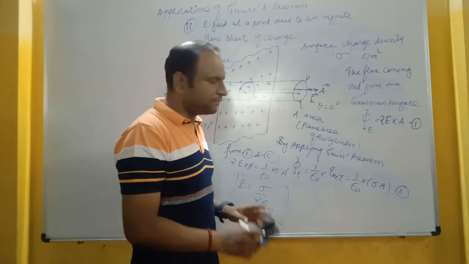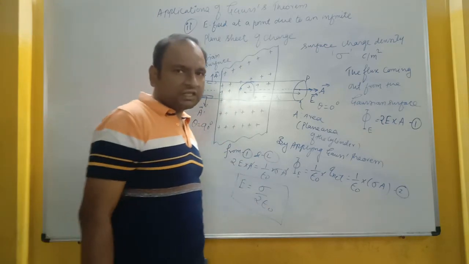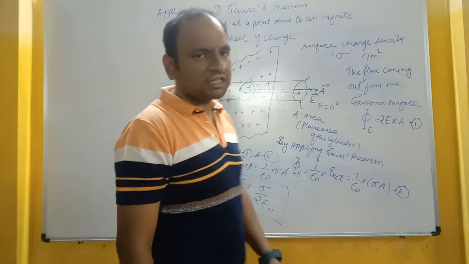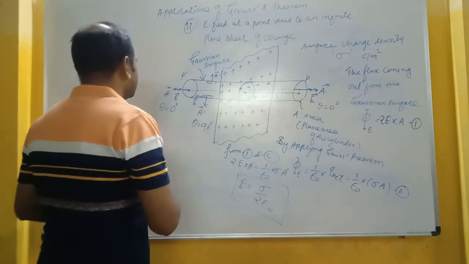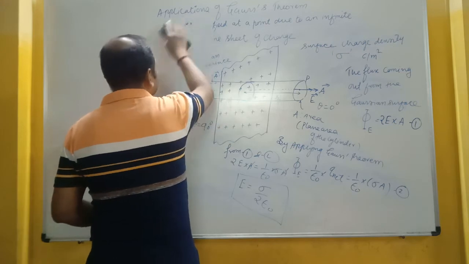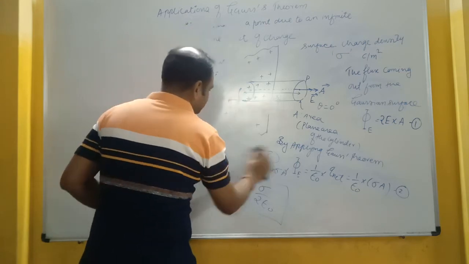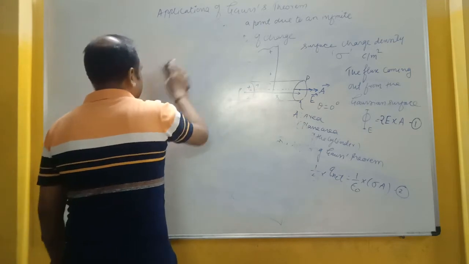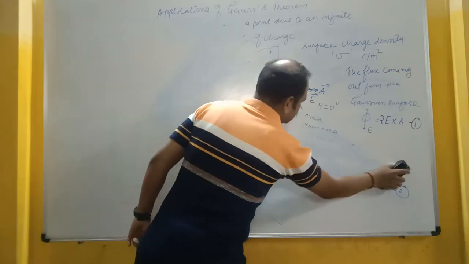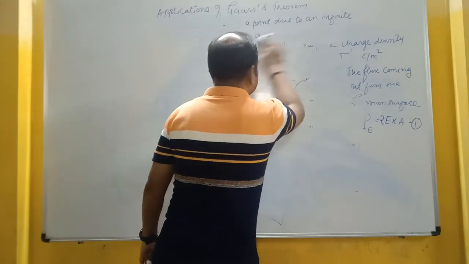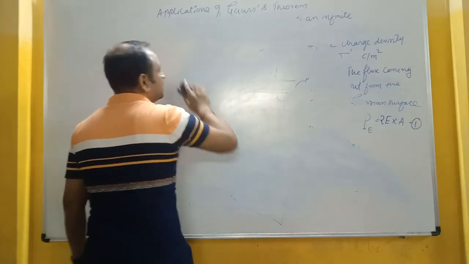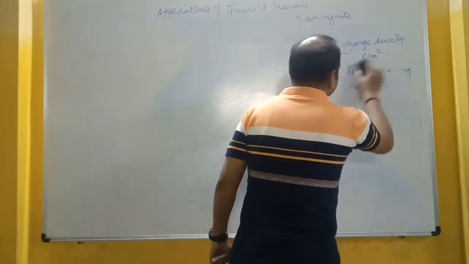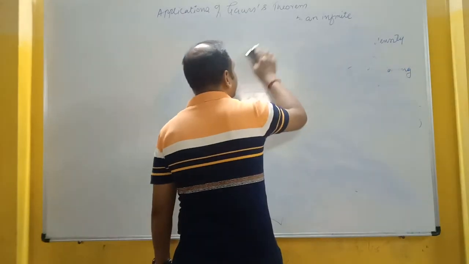This was the second application. Let's now see the third and last application of this Gauss theorem as far as our examinations are concerned. The third application is to find the electric field at a point due to a thin spherical shell.